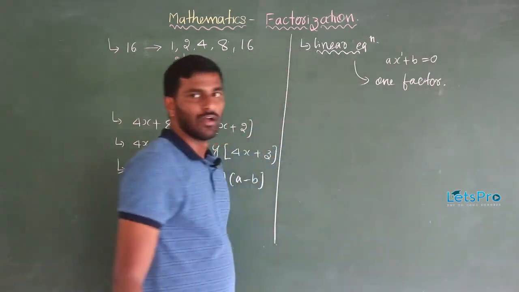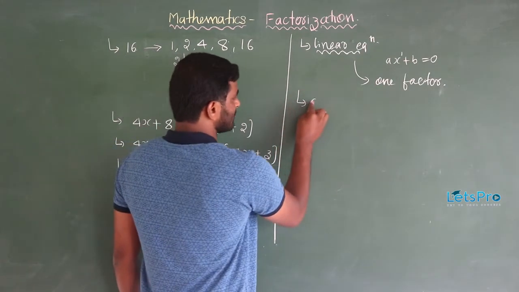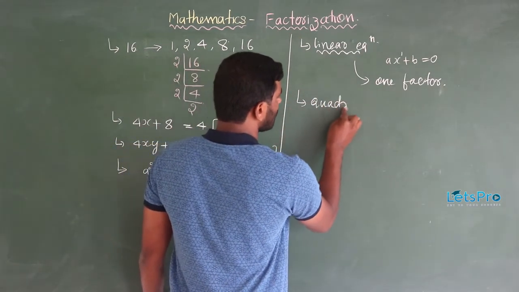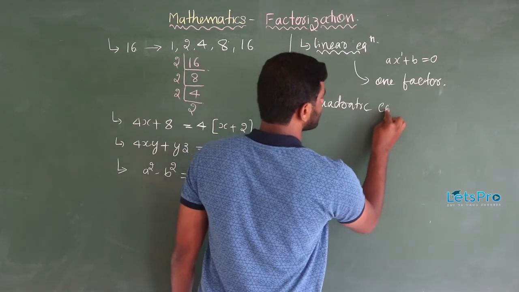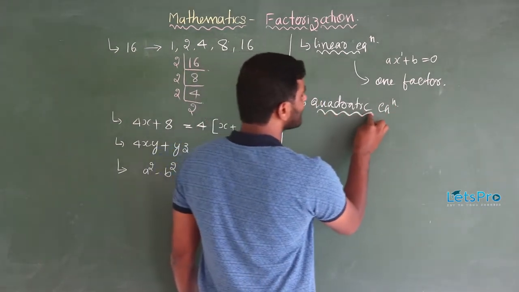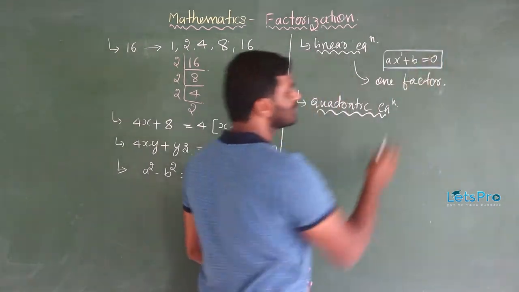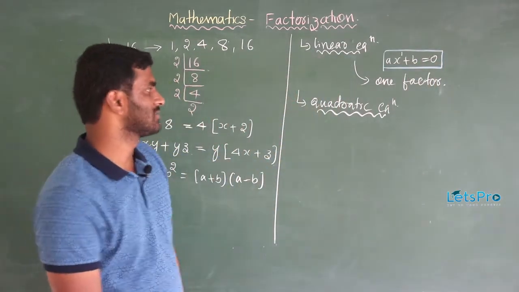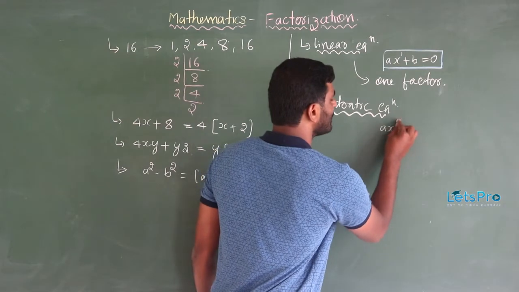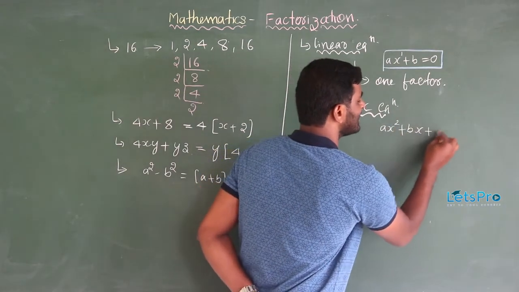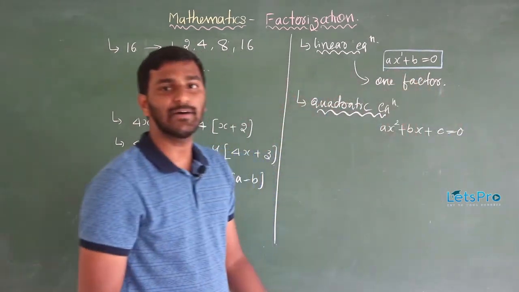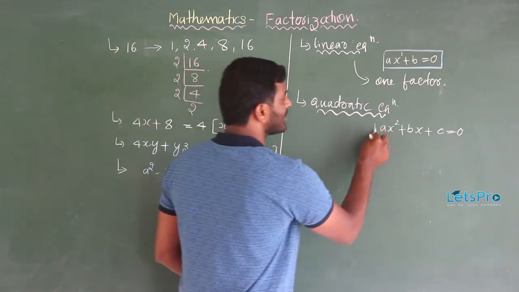Now the quadratic equation. What is the standard form of a quadratic equation? In a linear equation, it is ax plus b equals 0. In this one, ax square plus bx plus c equals 0 is the standard form of a quadratic equation.